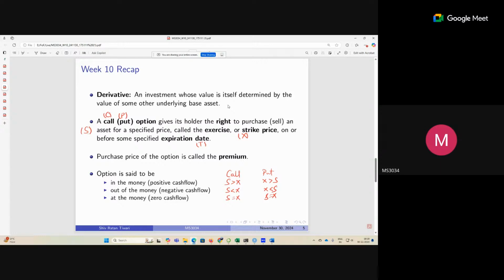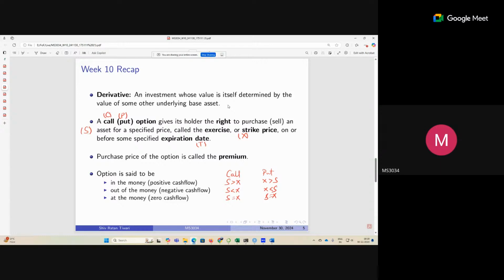A call option gives the right to purchase an asset. We define the exercise price by X, and the asset, that is stock or share in our discussion, by the notation S, and the expiration date by capital T. If at a particular point the stock price is more than the exercise price, then a call option gives a positive cash flow.